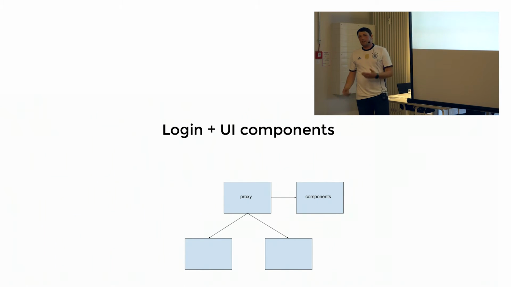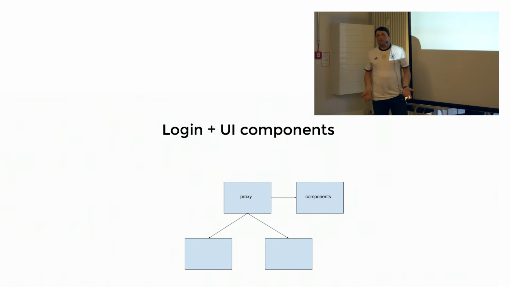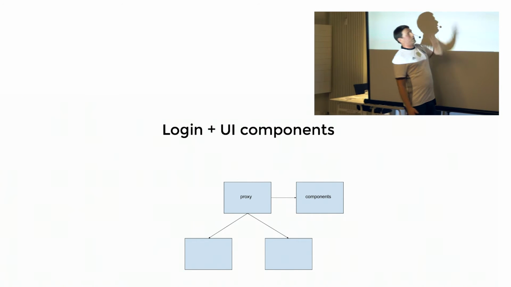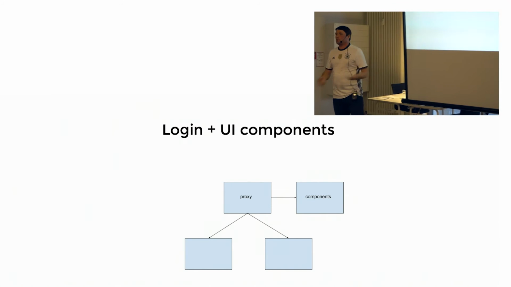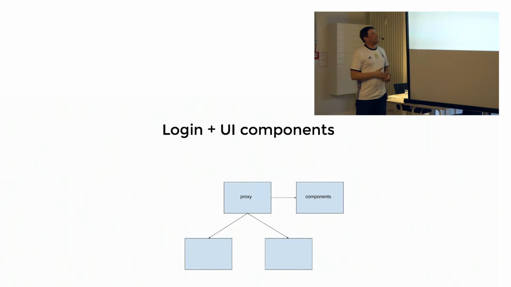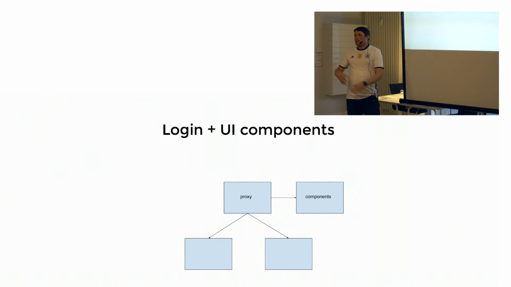So we figured out that there are a couple of things every web application has to serve, whether they want to or not. What we did is put a proxy in front that takes all the incoming web requests first. Whether the user is logged in or not, it will redirect to the login page and handle the login.